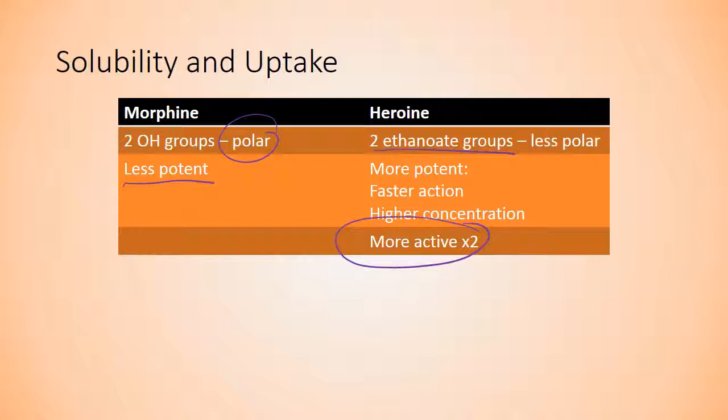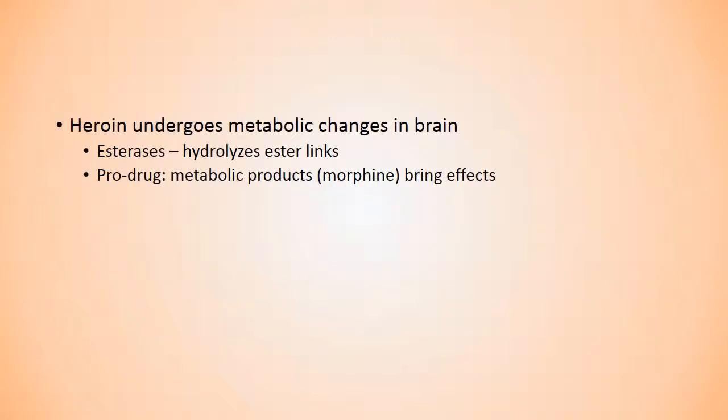And so what they have noticed is that heroin undergoes metabolic changes in the brain. So the enzyme esterases hydrolyzes the ester links, or the ethanoate links, that are on heroin. And so then heroin is actually broken down into morphine when it's in the brain.